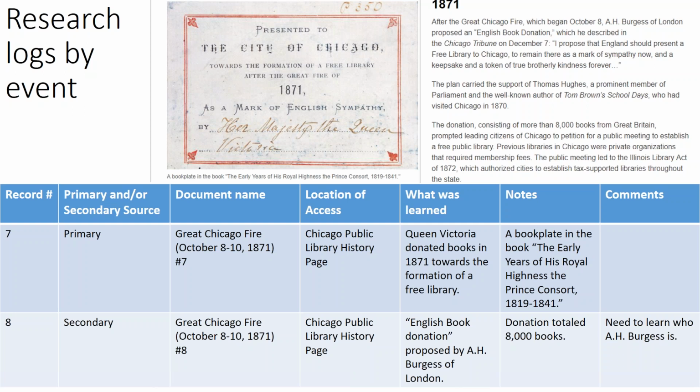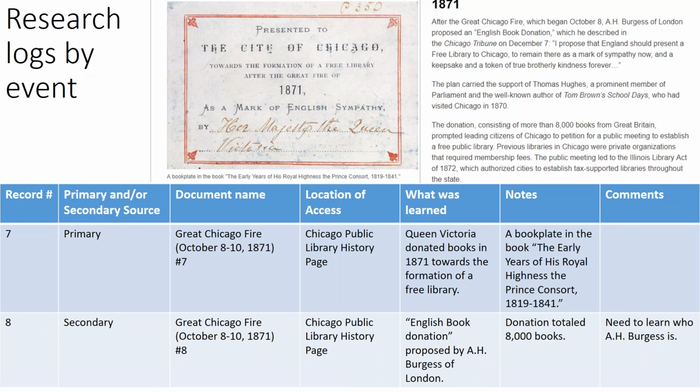When we're looking at the secondary source side of this, from the Great Chicago Fire, we not only note that this was an English book donation, but it was proposed by and carried out by A.H. Burgess of London. And that, again, the donations totaled 8,000 books.